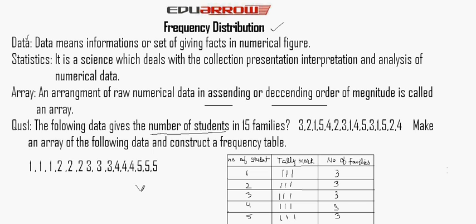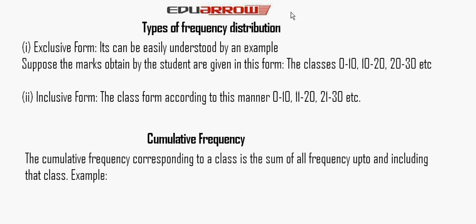Now we read about the types of frequency distribution. Number 1, exclusive form. It can be easily understood by an example. Suppose the marks obtained by the students are given in this form.